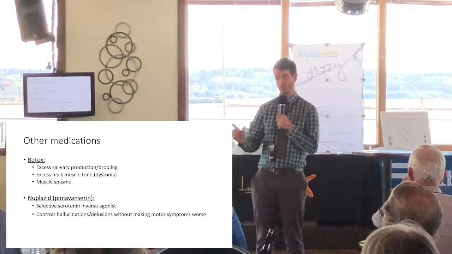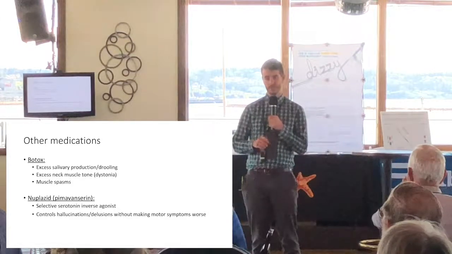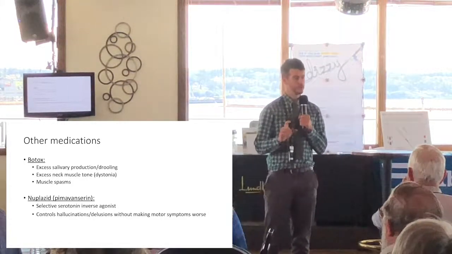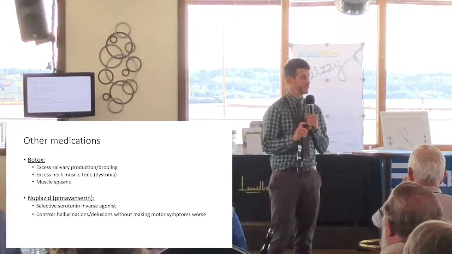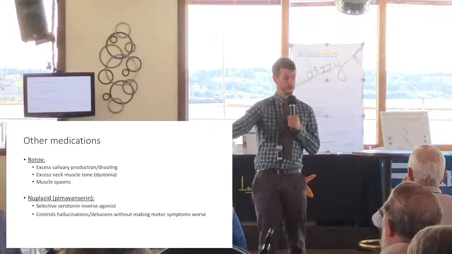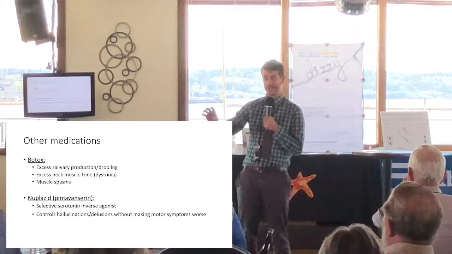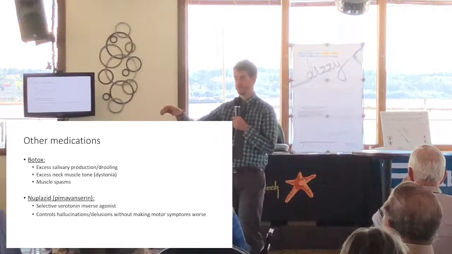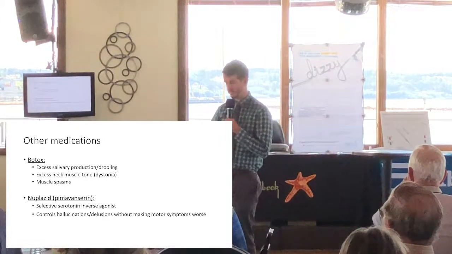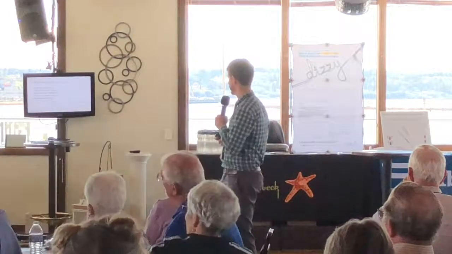It works on serotonin receptors, and so we think that some people can have improvement in their delusional behavior or hallucinations without worsening their movement disorder, because some of the antipsychotics that we use can potentially have an effect on tremor or slowness of movement, so this might be a safer option depending on the right clinical context.